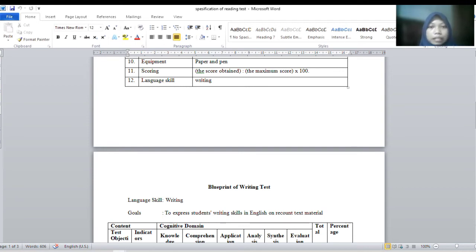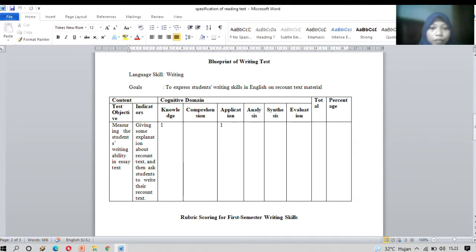Okay, this is the blueprint of the writing test. The goal is to express students' writing skills in English on recount text material. This is the table of the blueprint of the writing test. The content for the test objective is measuring the students' writing ability in an easy text.